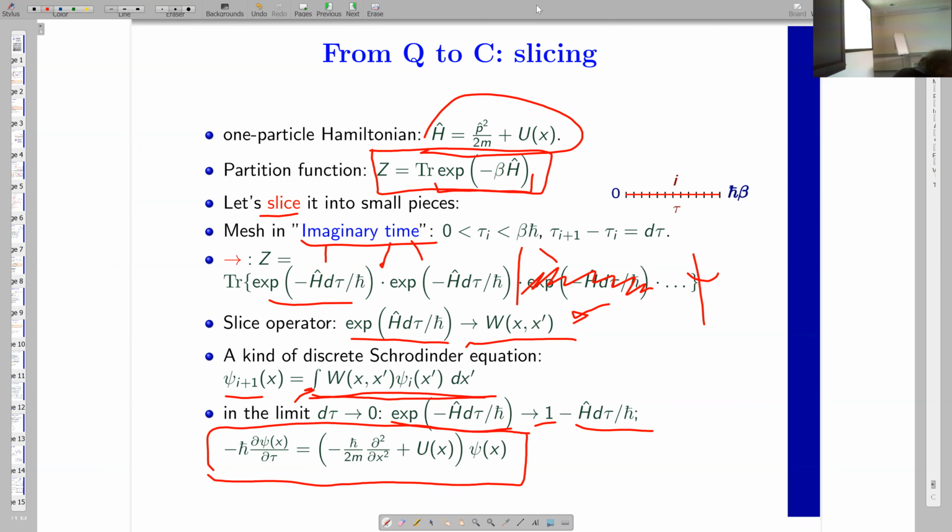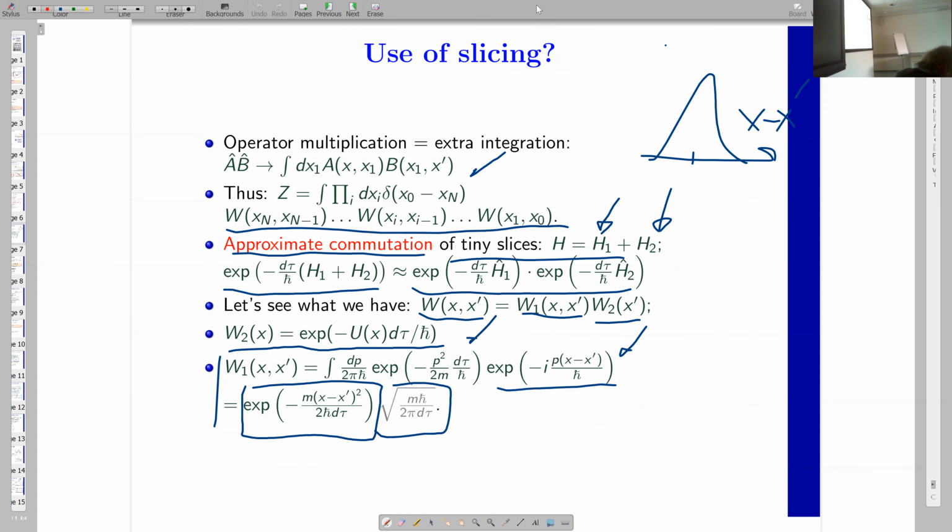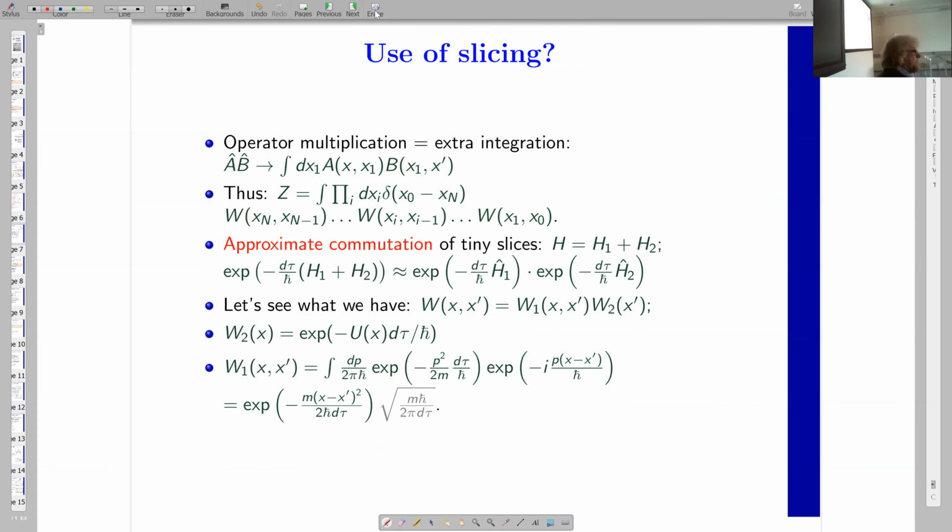Let's see. Let us do the following. Let us write explicitly all these multiplications, operator multiplications. Now, there's another formula.